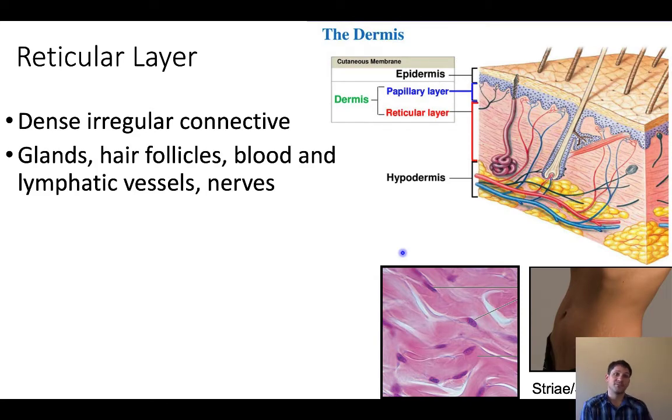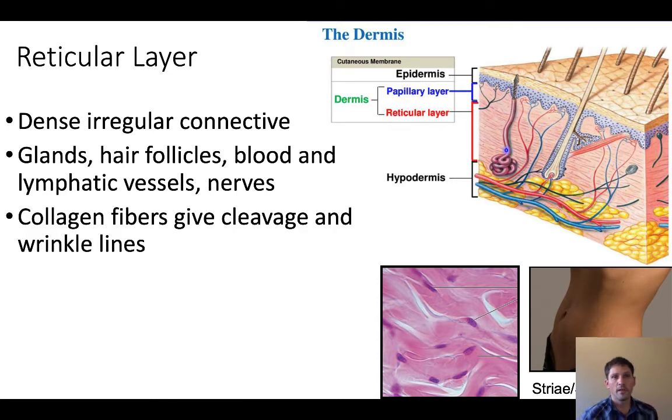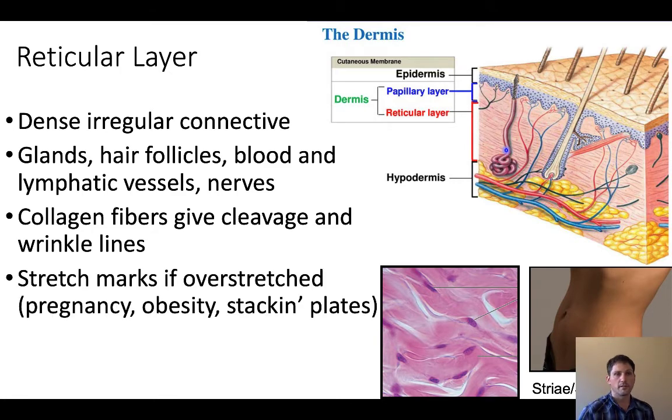In there we find lots of glands and hair follicles, blood vessels, lymphatic vessels, nerves, all migrating through this area. And those collagen fibers can give us cleavage and wrinkle lines, which we'll talk about here in a second.